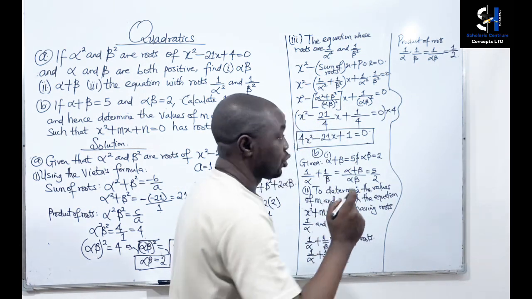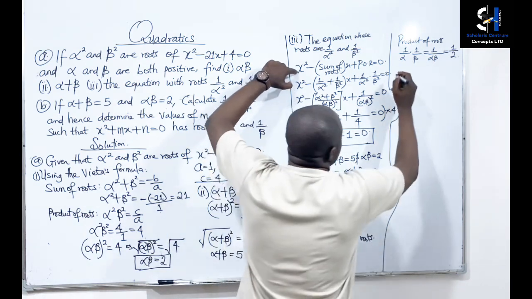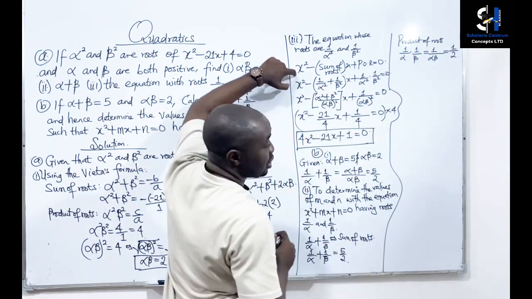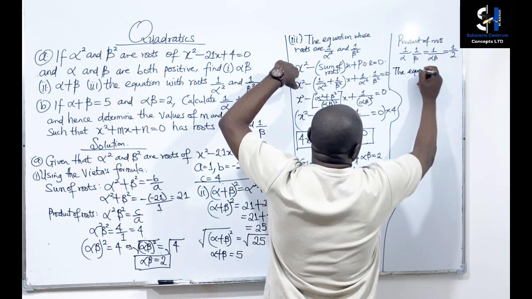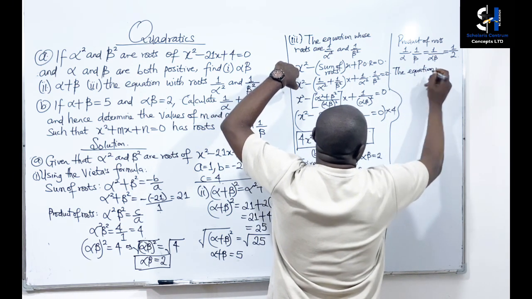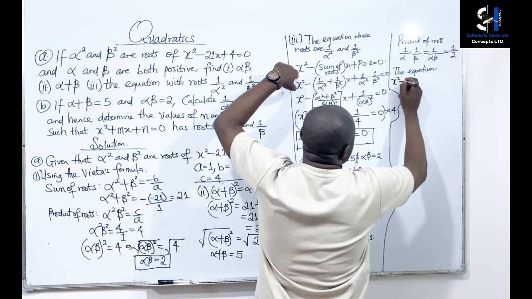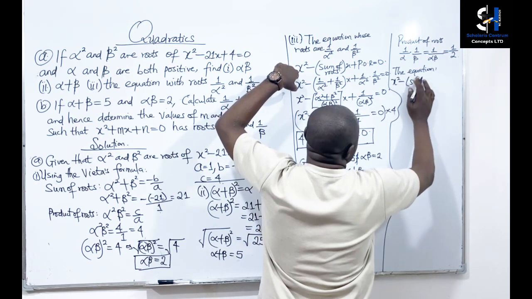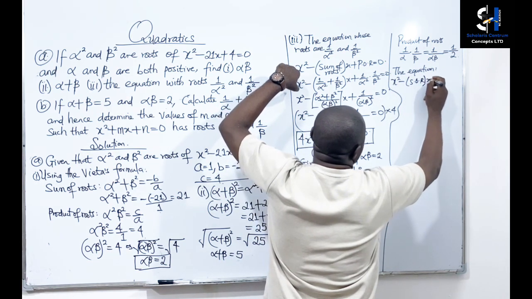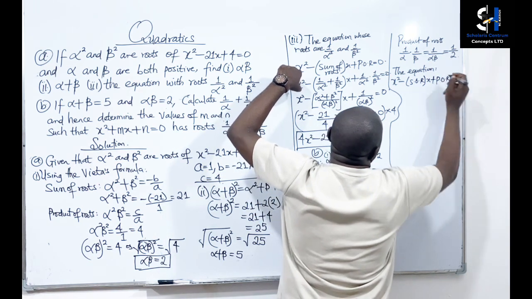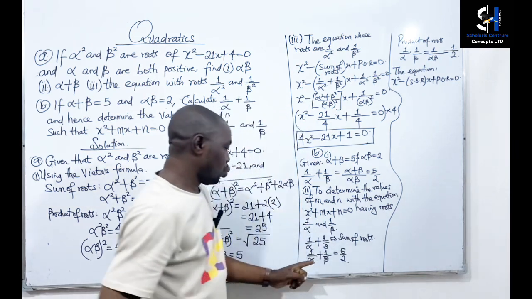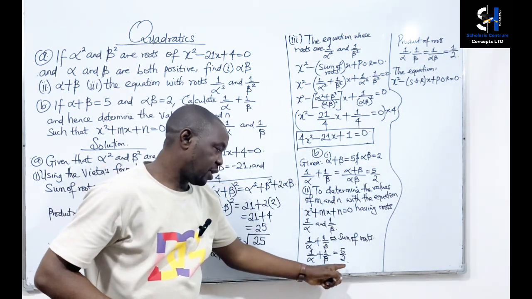We're using this to construct a quadratic equation. The equation required will be x squared minus the sum of roots times x plus the product of roots equals 0.